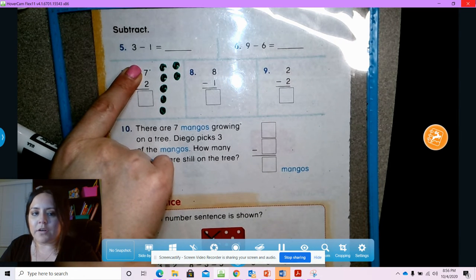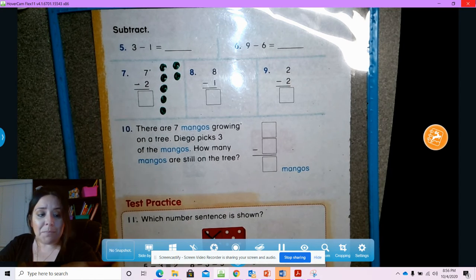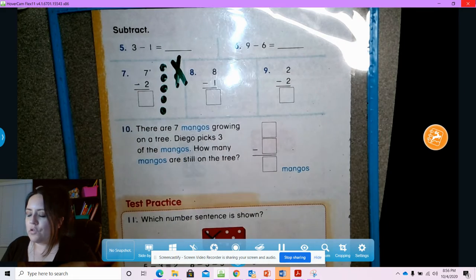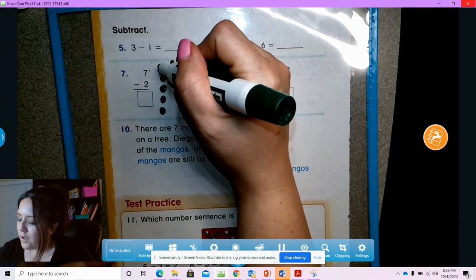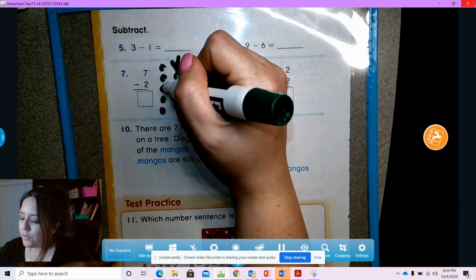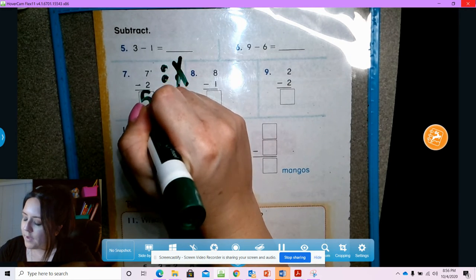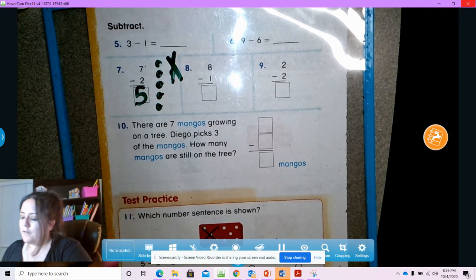That's how many I'm starting with. Minus 2. Minus means take away. So I'm going to take away 2 dots. How many dots are left? 1, 2, 3, 4, 5. 5 dots are left. So 5 is my difference.